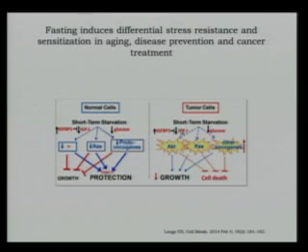Whereas tumor cells, when you subject them to starvation, do not have the cellular machinery to adapt to this stress, and get differentially sensitized to chemotherapy, as opposed to the normal cells being differentially resistant. So you might postulate that you might increase the effectiveness of chemotherapy, and two, decrease the side effects, which I think, from very small studies, is what's been shown. But again, larger trials are ongoing.